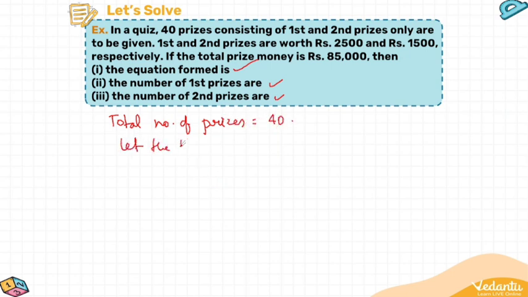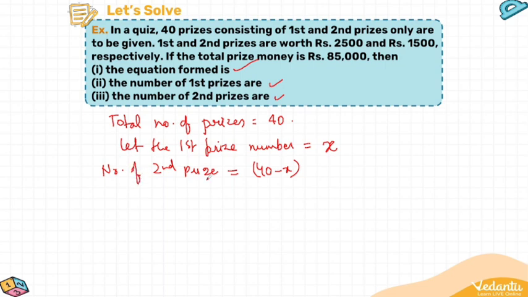Let the quantity of first prizes be x. So the number of second prizes would be 40 minus x.